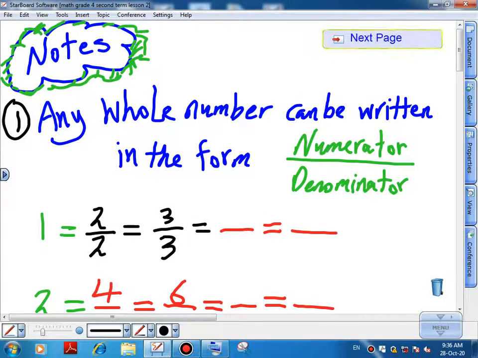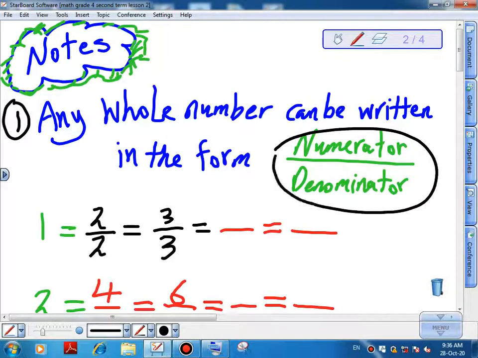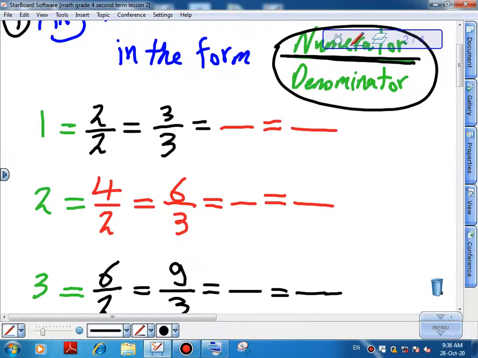There is a note, the first one, says any whole number can be written in the form of a fraction, numerator over denominator. For example, 1 can be written as 2 over 2, 3 over 3.